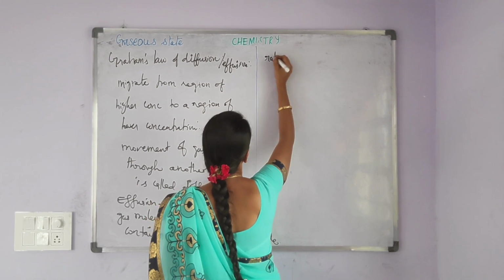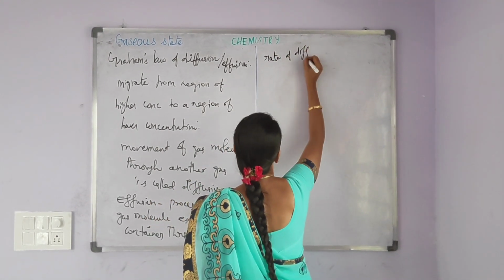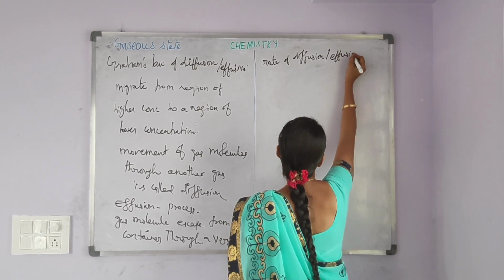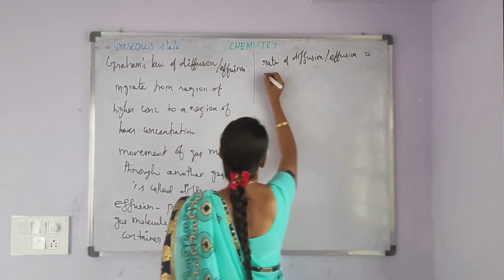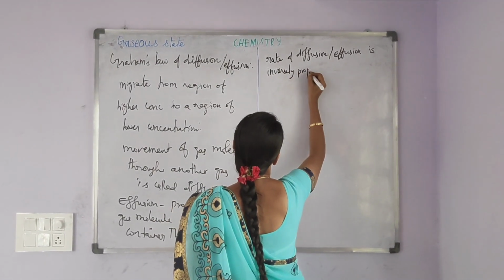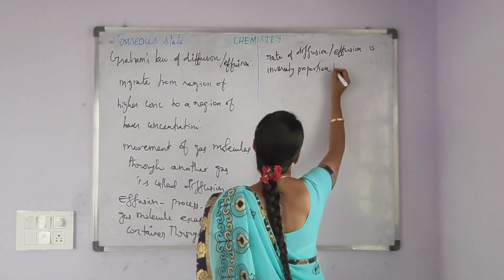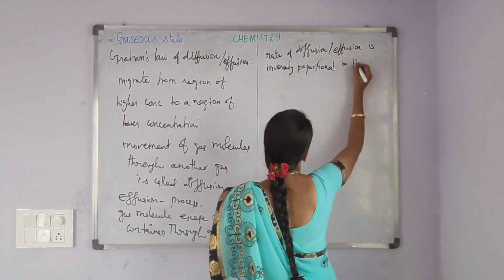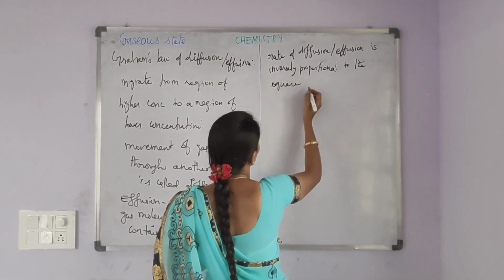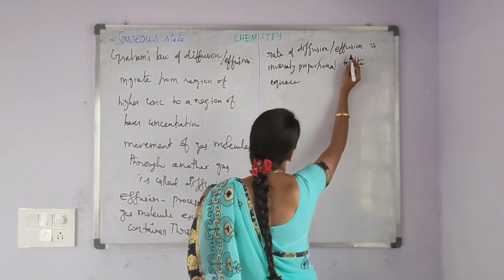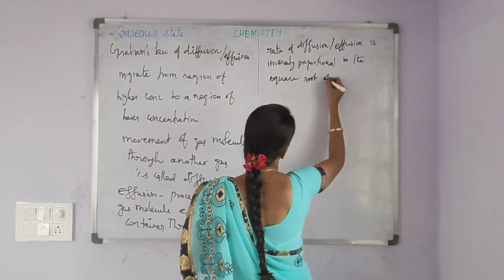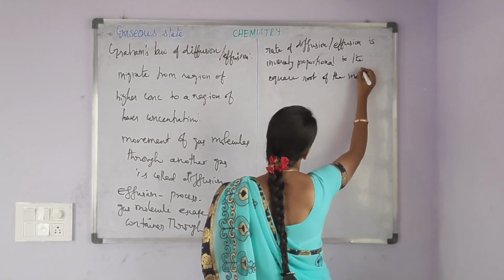The rate of diffusion or effusion is inversely proportional to the square root of the molar mass.